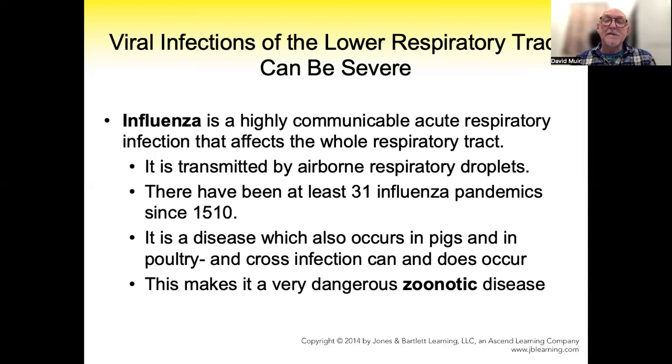The second thing is that influenza tends to produce a much higher temperature and more severe body aches, joint aches, muscle aches as well. Thirdly, it tends to move to the lower respiratory tract, and it produces cough, copious production of mucus, congestion, all the rest of it.